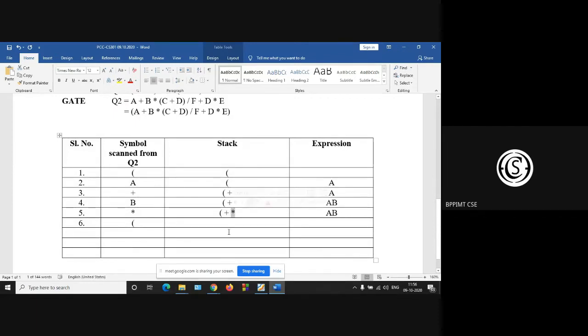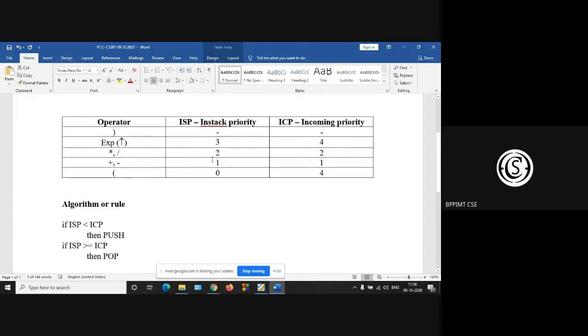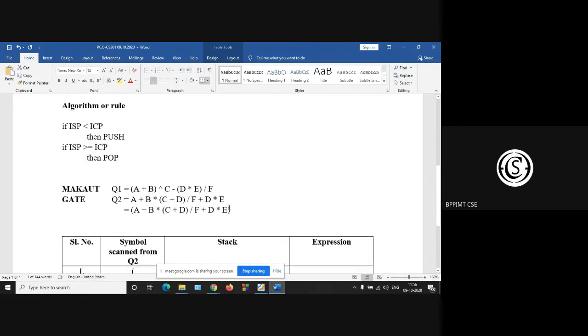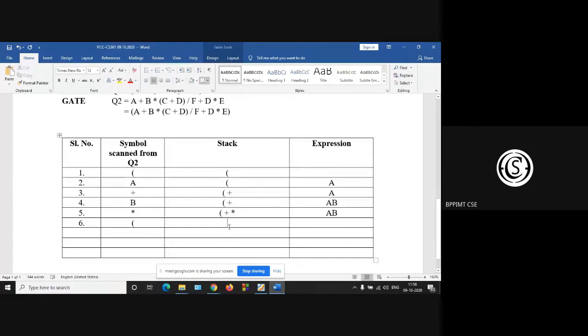And in the stack there was a multiplication, so the in-stack priority is 2. So 2 is less than 4. So we have to push, right? So plus, multiplication, and opening bracket. And then A, B.